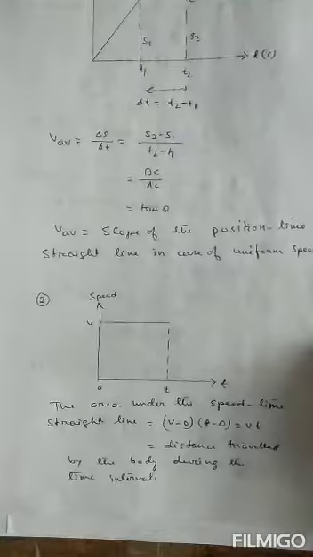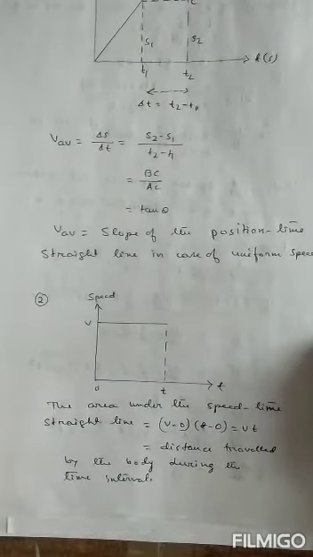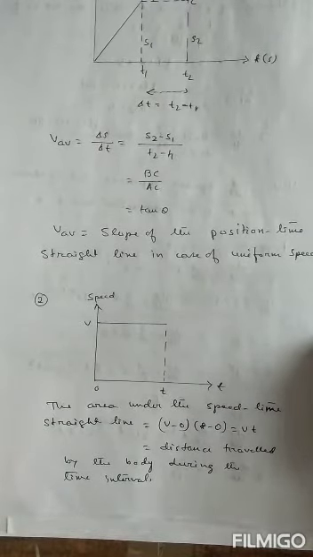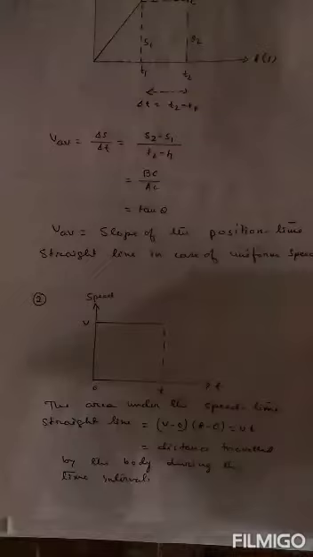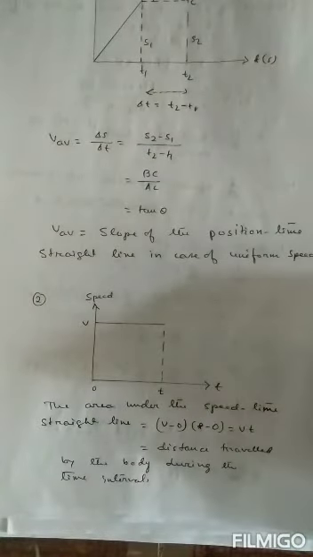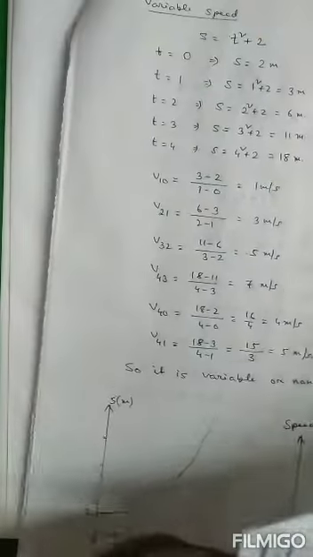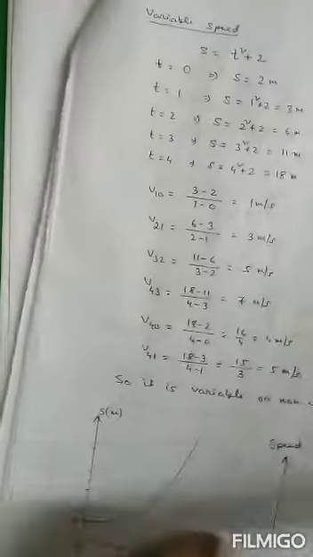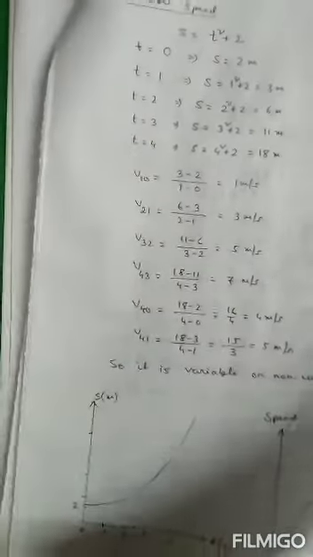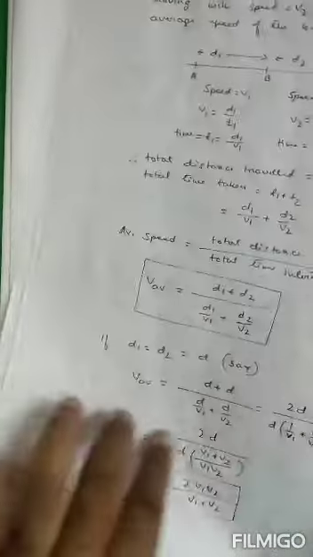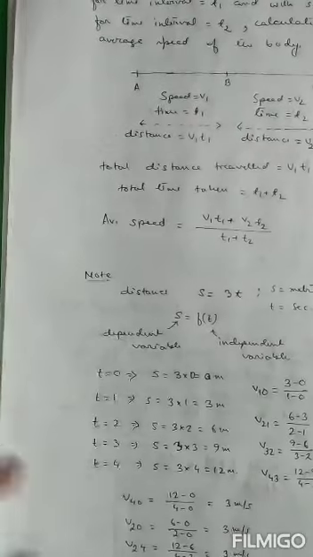Today we want to stop this lecture here. Okay? From these lectures, we have found that speed is a scalar quantity. The SI unit of speed is meter per second.